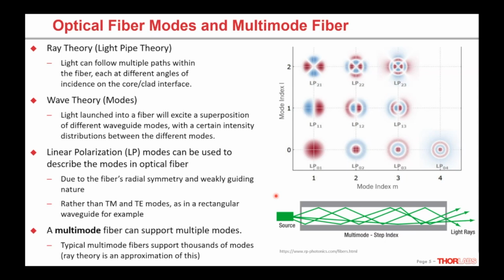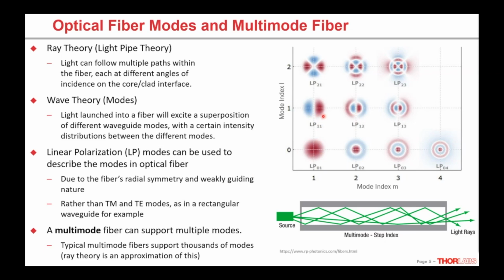So these LP modes, basically they correspond to solutions of the wave equation for complex electric field profiles in cylindrical coordinates. We're not going to go into that math, but suffice to say they have two indices. The first number being kind of an azimuth index, which is just increasing 0, 1, 2. And then the second index is basically how many solutions you have for each of the first indices. So you can see LP01, LP11, LP12, et cetera, et cetera.